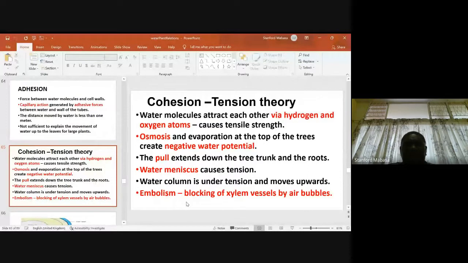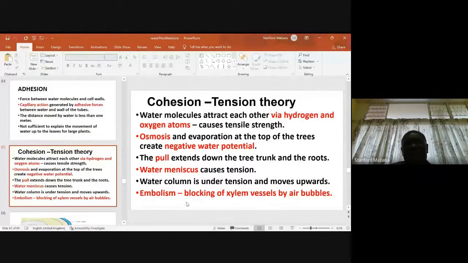Probably you need to know that the water meniscus also is present in the leaves and causes tension, which can actually pull the water through the stem. So the water column in the stem is under tension because of the water meniscus, which creates tension and moves the column upwards.